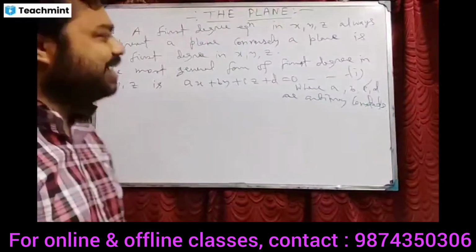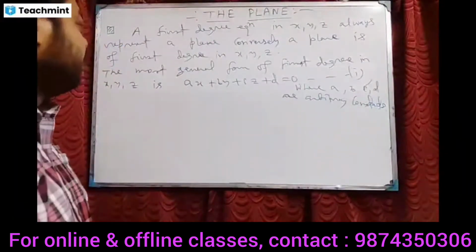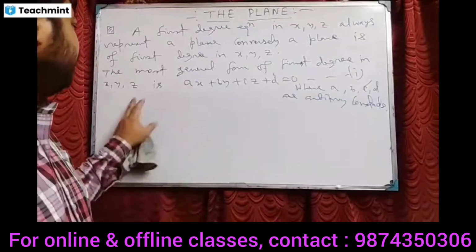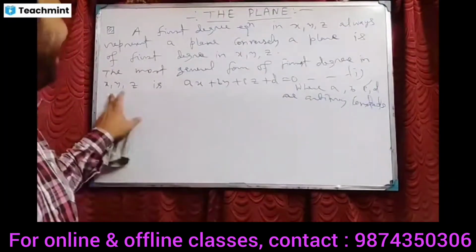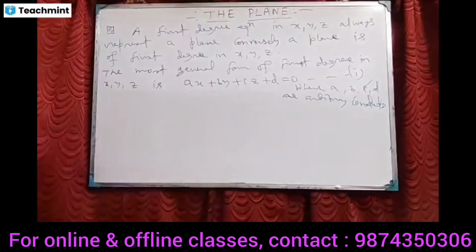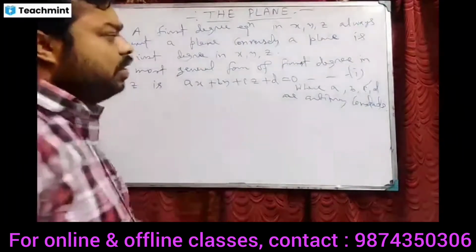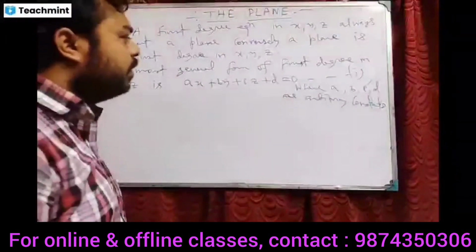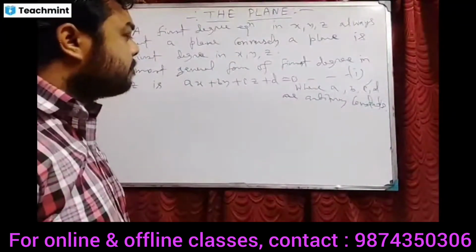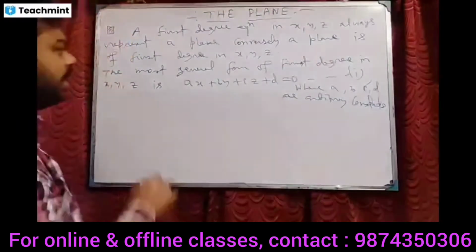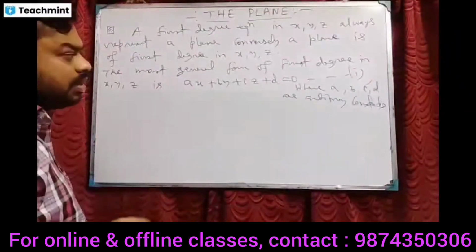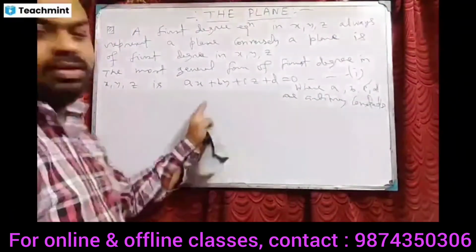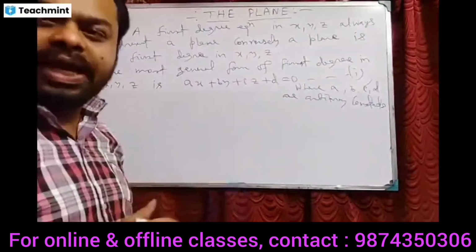So this is the most general form of first degree equation. For different a, b, c, d, we get different types of plane. So that means this equation 1 always represents a plane in 3D.